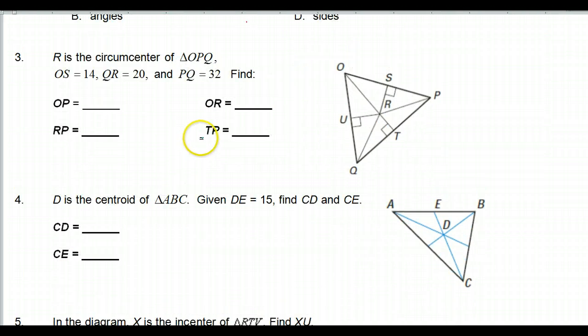Circumcenter. Okay, as soon as I see the word circumcenter, I'm thinking 2 things. I'm thinking that the circumcenter is equidistant from the vertices.